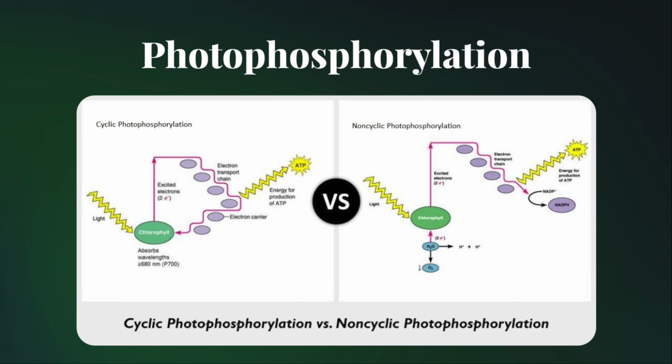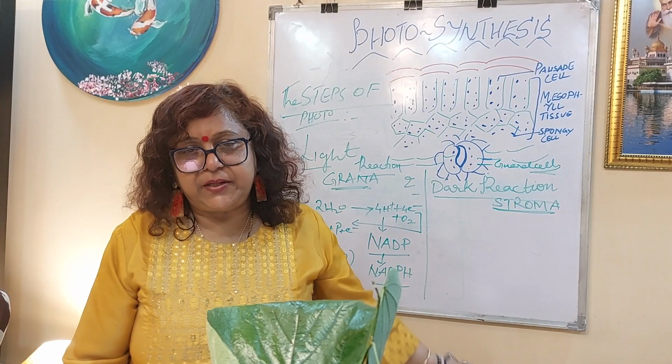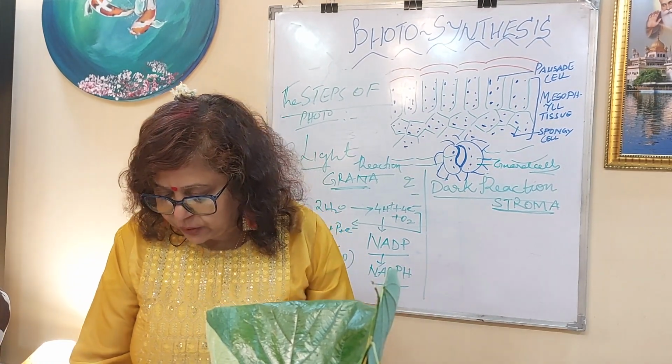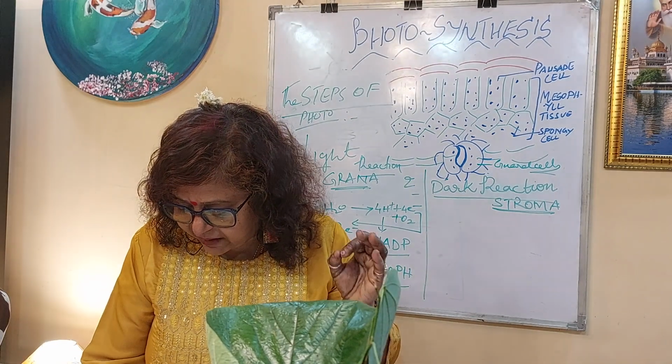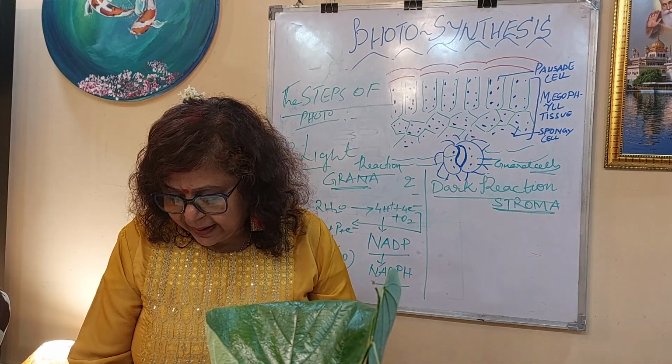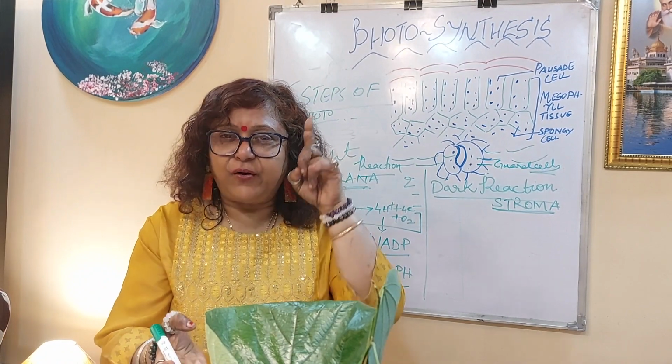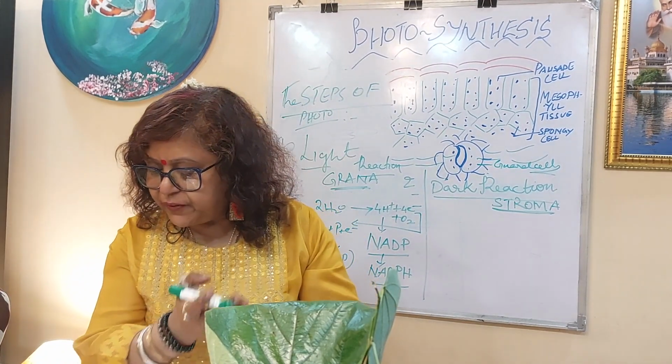That is, it is the process in which the ADP, adenosine diphosphate, is converted to ATP by the addition of phosphate and also by the taking in of the electrons which is produced here. And this ATP is further used in the dark reaction. So this is a very, very important thing which I have told you here, and that is activation of the chlorophyll molecule, photolysis of water, and photophosphorylation.